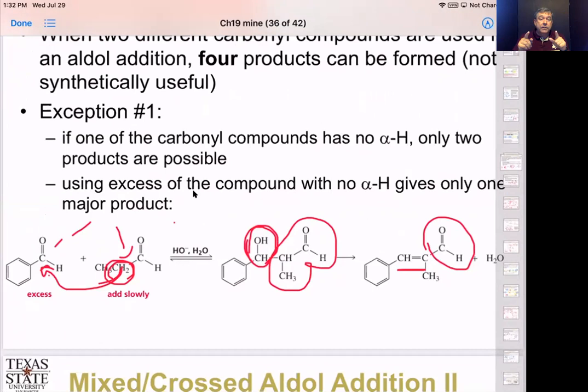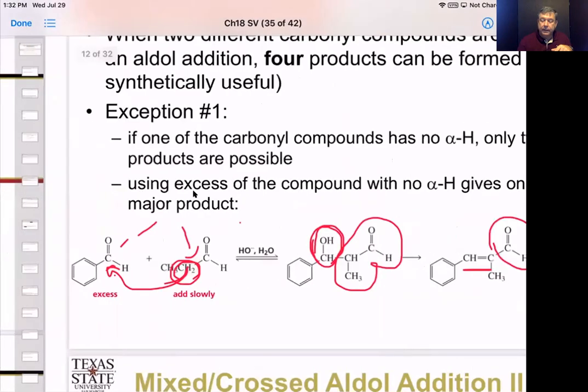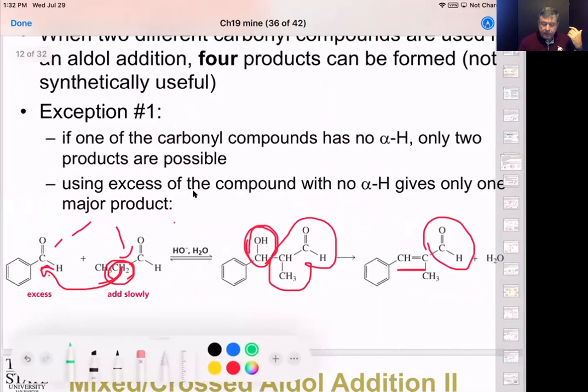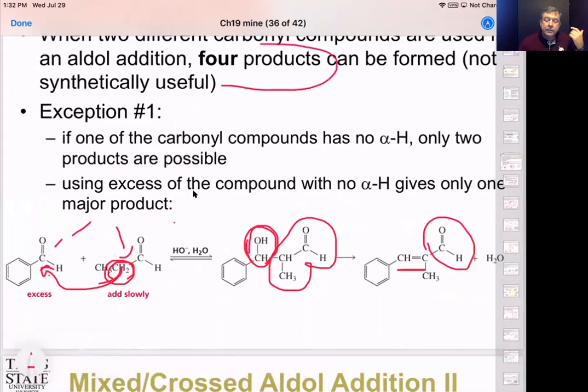So in fact, tomorrow I'm going to draw out the 4 products available to us here. I say it on this slide here, but I don't draw it out, and I will draw that out tomorrow. I'm going to draw out the 4 products that you would get from an aldol condensation without selectively choosing your substrates.